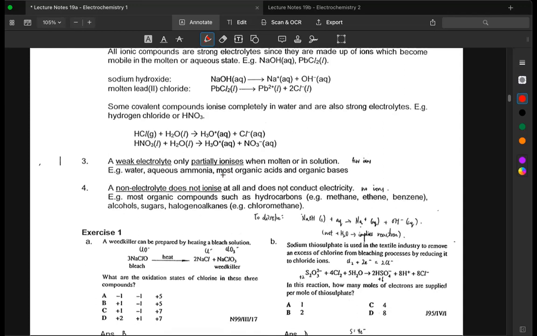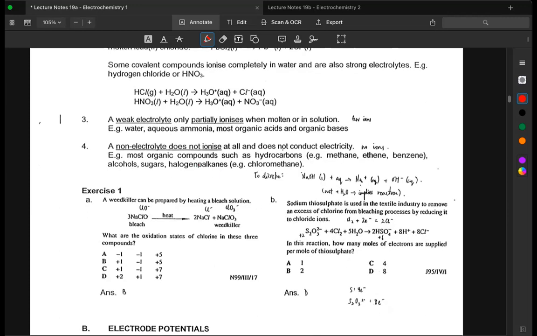So as long as they have free moving mobile charge carriers, then the substance can be considered an electrolyte. Whether it's strong or weak depends on the degree of dissociation. If it's complete ionization, then it will form a strong electrolyte. If it's incomplete or partial ionization, then it will form a weak electrolyte.